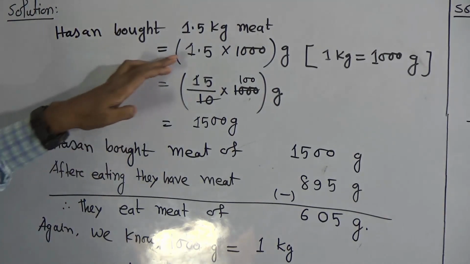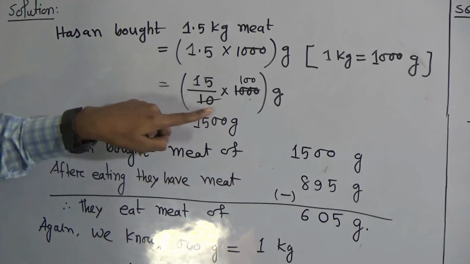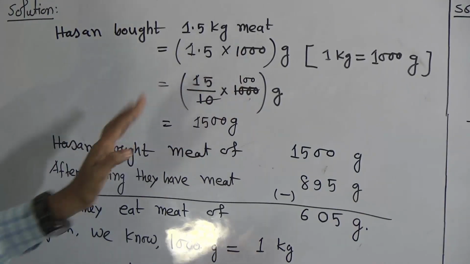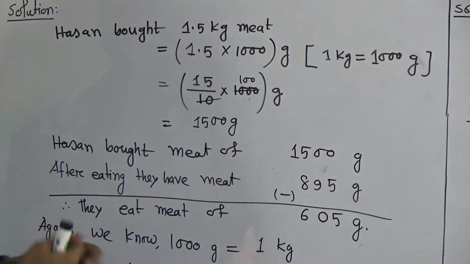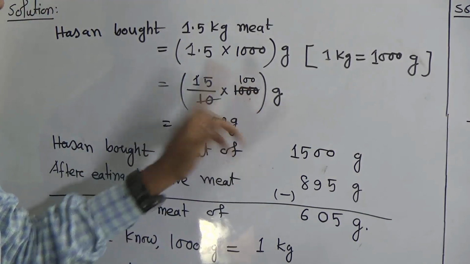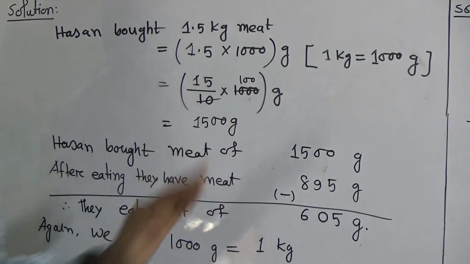Now look, 1.5 I have written as 15 into 1000 divided by 10, then we get 100. Then 15 into 100 equal to 1500 gram.